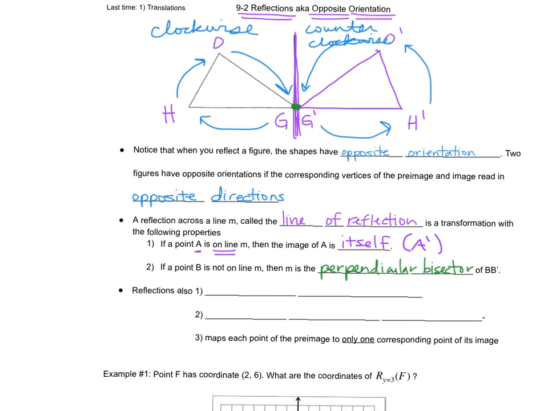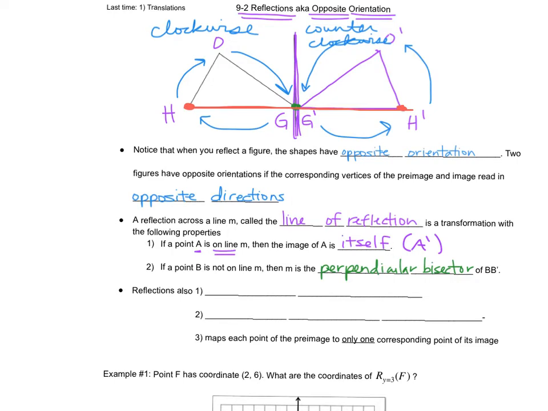If I have H and H prime up here, these two points that are not on my line of reflection, and I draw that line in, this purple line, my line of reflection, is the perpendicular bisector of that segment, HH prime.